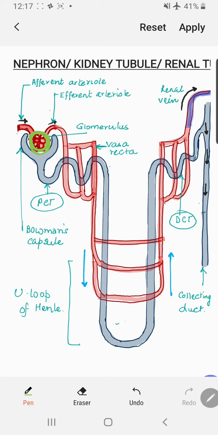Though we have not done the blood circulatory system as yet, I believe that at least you know what capillaries are. These are the finest thread-like blood vessels which reach each and every cell of your body for blood supply, right? So this central area is actually a tuft of capillaries. Tuft means a knot, the way you have interwoven wool, right?